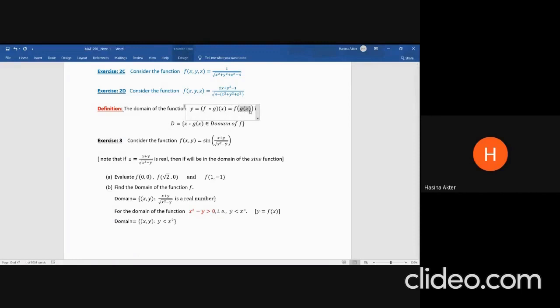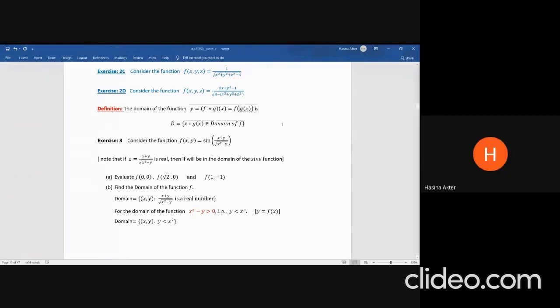That's the requirement. Yes, miss, so we will find the domain of g of x, and those values of x for which g of x belongs to the domain of f will be the required domain. Exactly. Is that good?